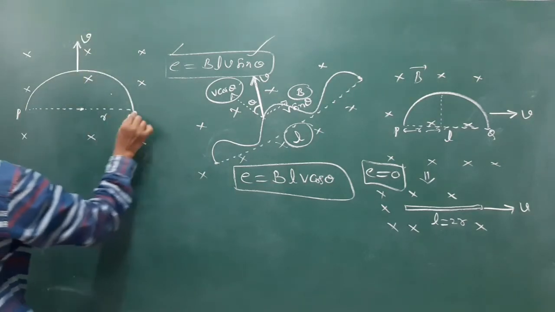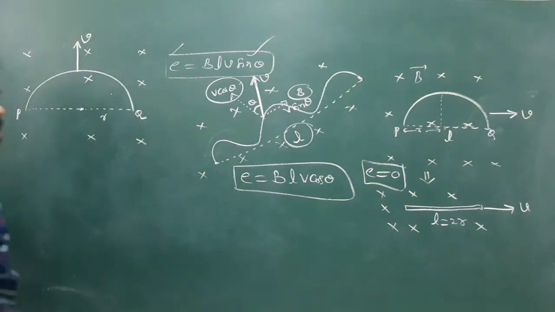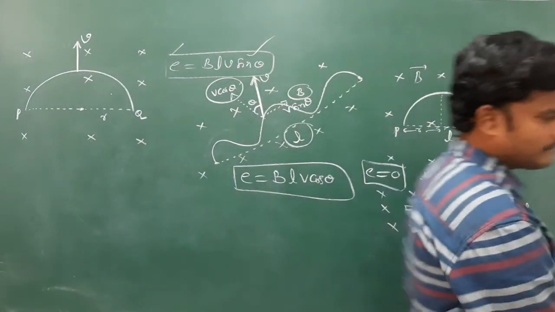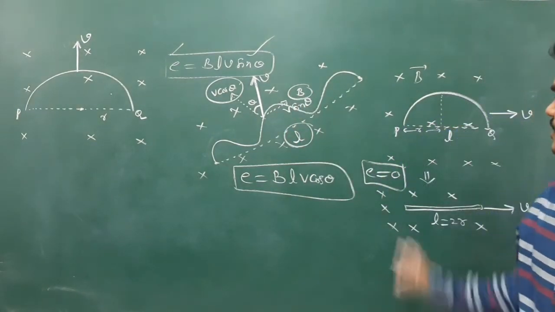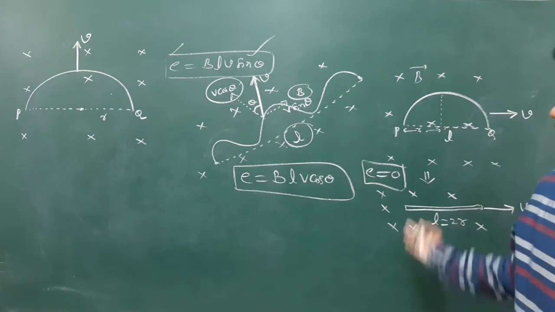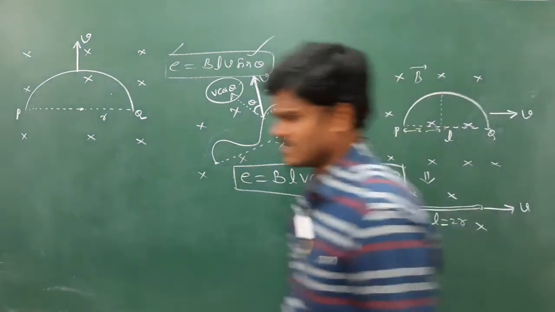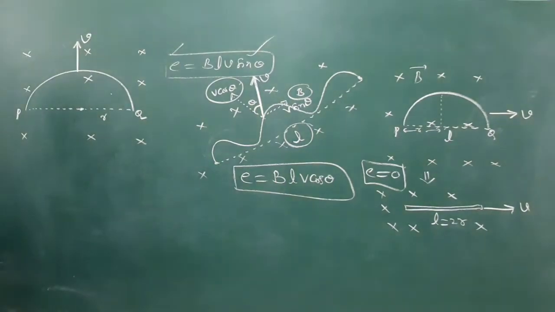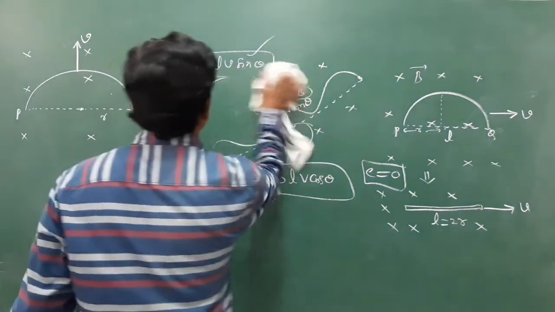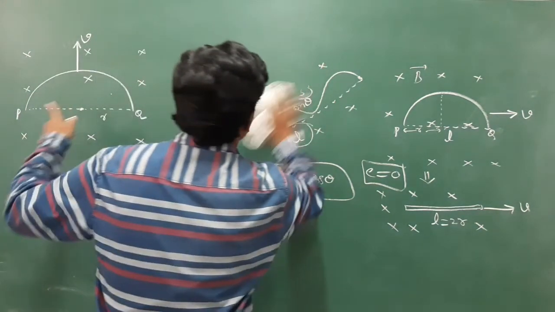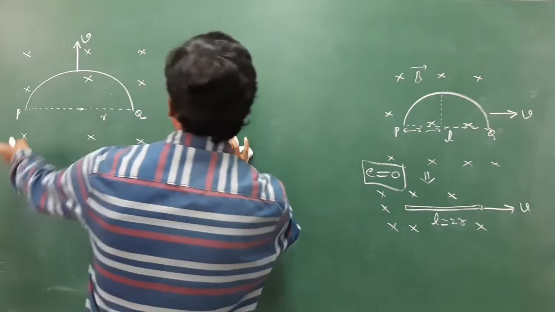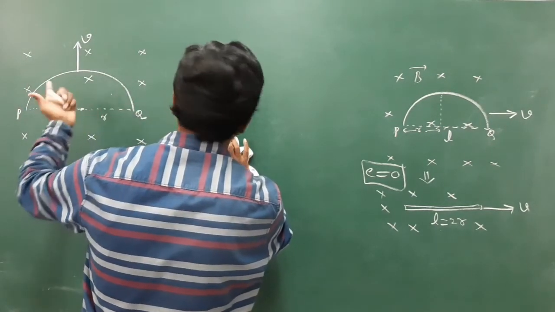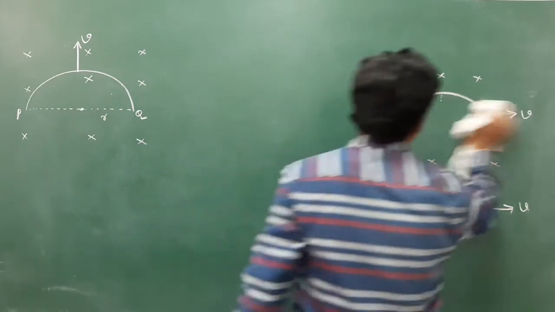This is P, this is Q, V is moving up. Then find the induced EMF, and if possible, try to identify the direction of induced current. Here there is no EMF, so no current. There will be a current sometimes, in closed loops. Find induced EMF and the direction of induced current. If they give a capital R as a resistance, we can write the equation of the induced current also.